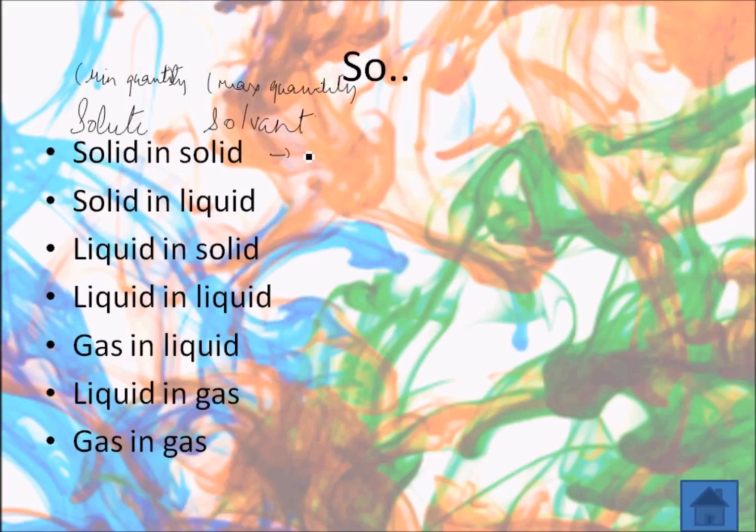So if you think about what mixtures are around you: for example, for solid in solid, you can see gunpowder as an example of a mixture. You can take the solid and liquid mixture as sugar in water. Liquid in solid, you can take the example of water in a sponge.